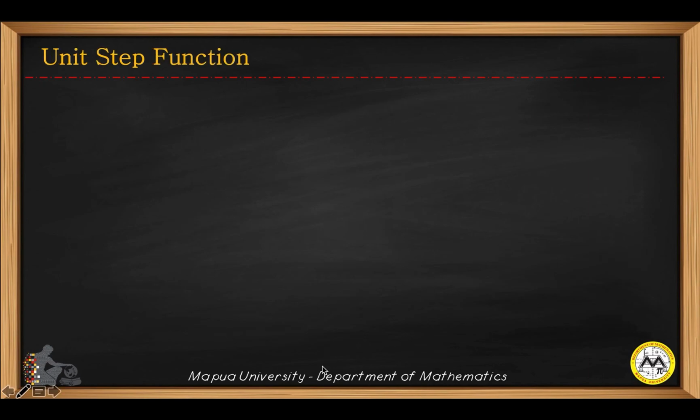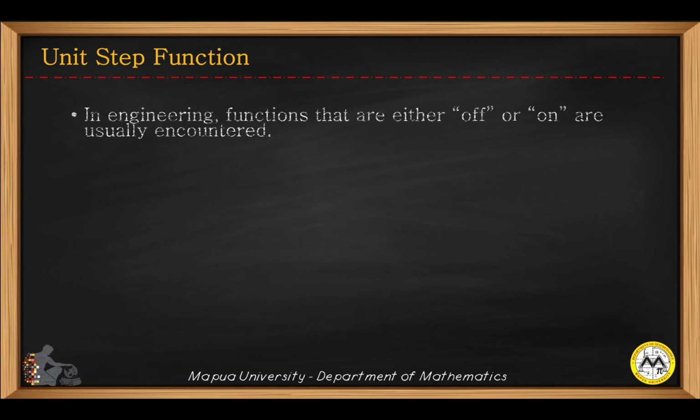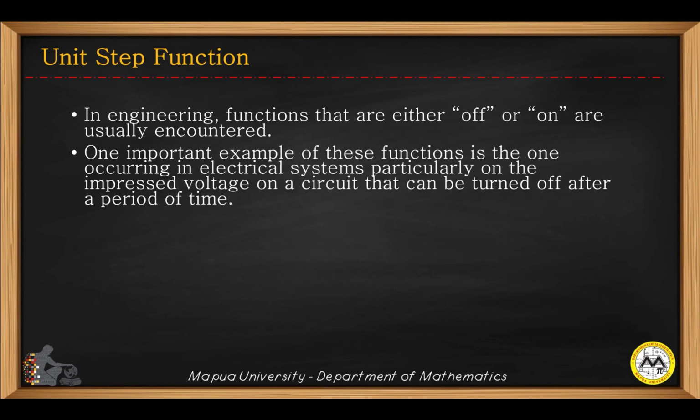Let's have the next slide. The unit step function. In engineering, functions that are either off or on are usually encountered. One important example is the one occurring in electrical systems, particularly the impressed voltage on a circuit that can be turned off after a period of time.